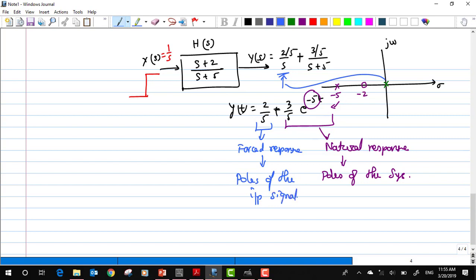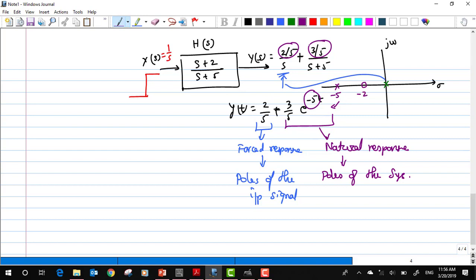Now we'll look for this 2 by 5 and 3 by 5. Who is responsible for these values? Okay, so it's a contribution from almost all the people that we have.